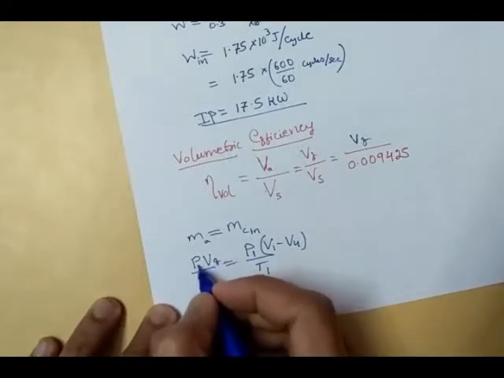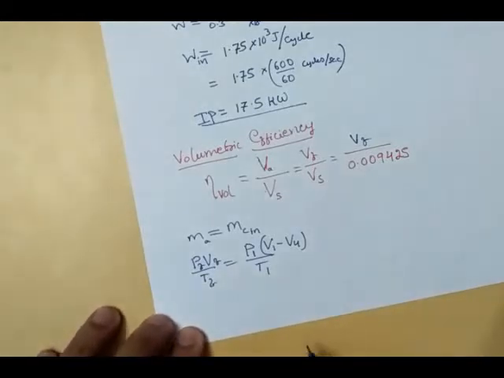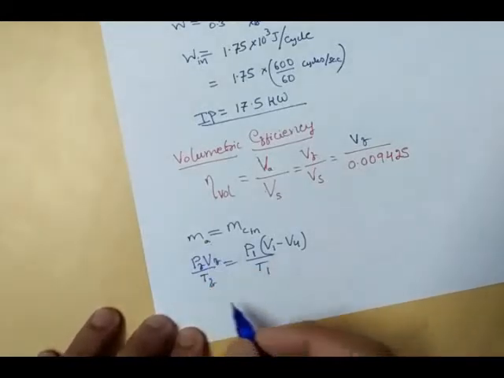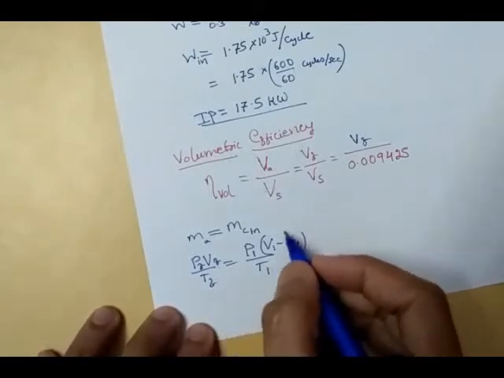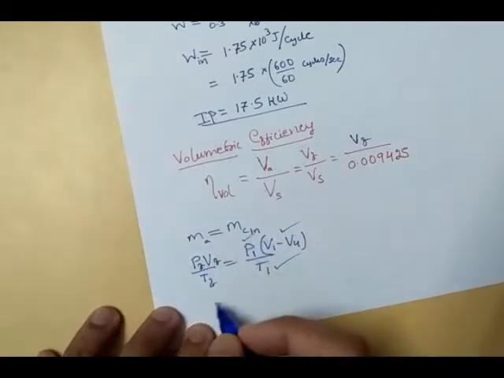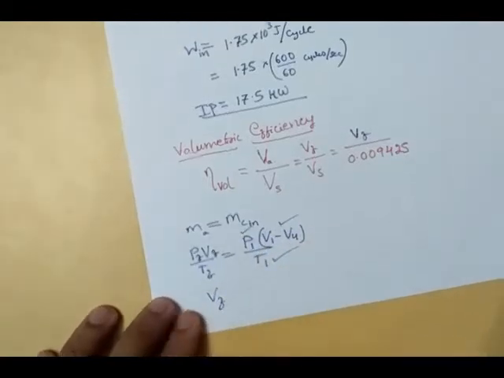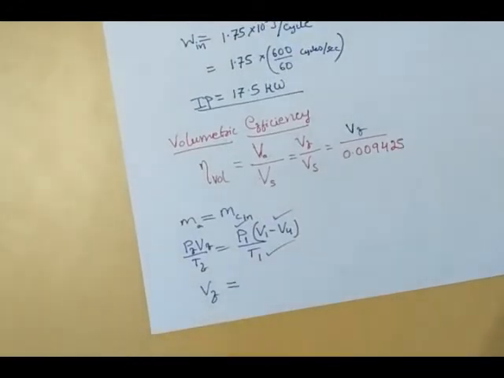This is for free air conditions, Pf, Vf and Tf, that is nothing but atmospheric conditions. We know everything else, so after substitution we should be able to get Vf.